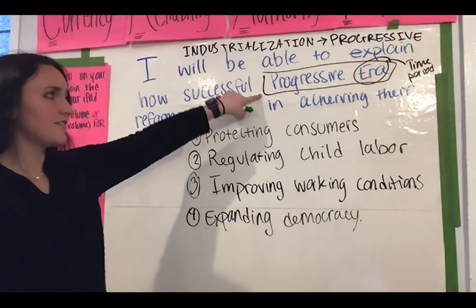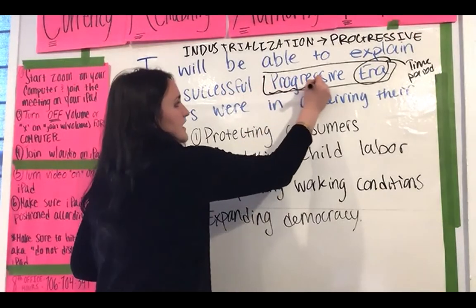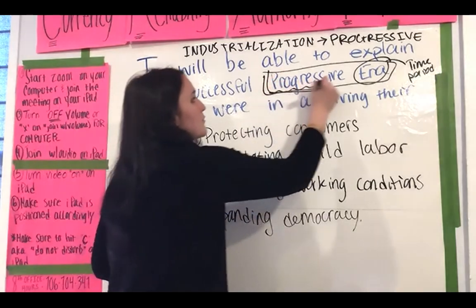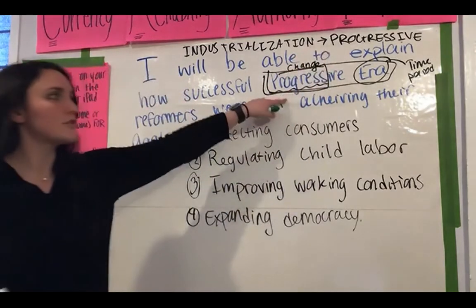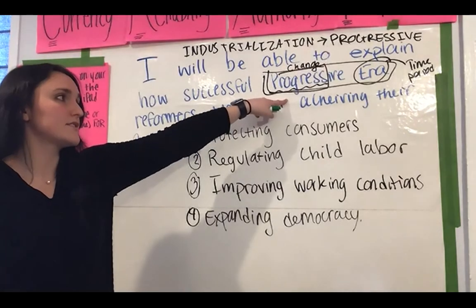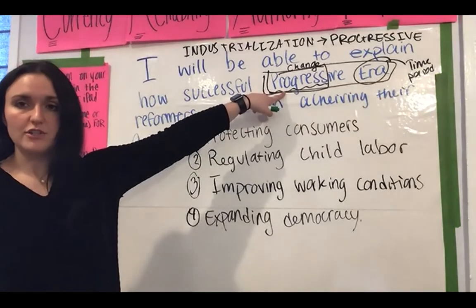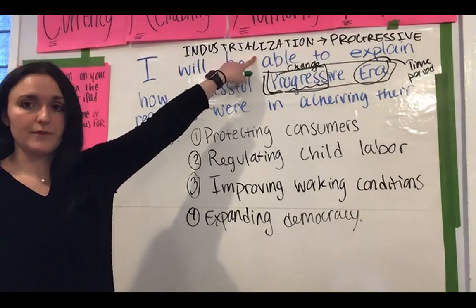During the progressive era, we know that progress is made. You see that word progress within progressive. Progress means change. So the progressive era is what it sounds like. It's a time period of lots of change. Progressive era comes after industrialization.